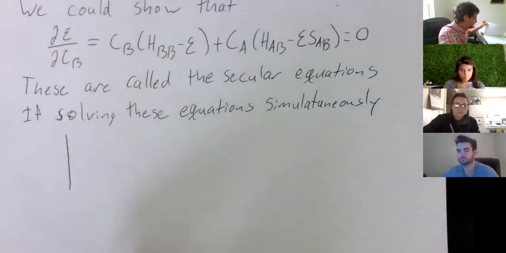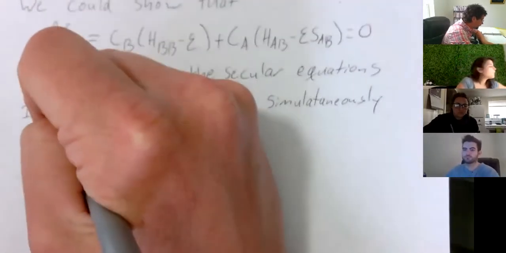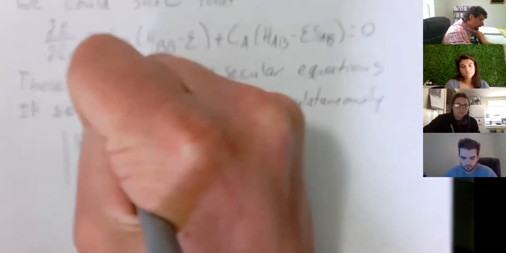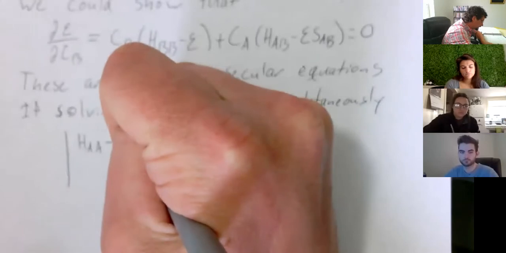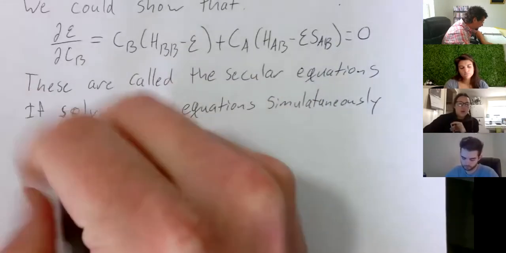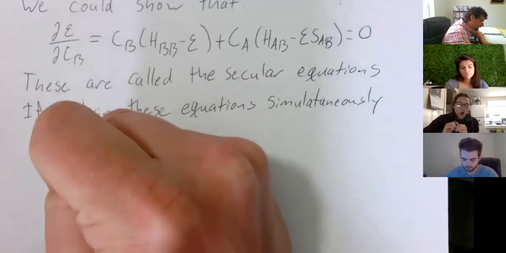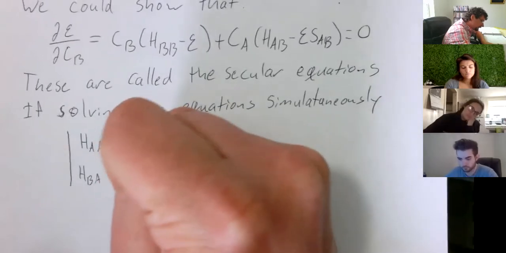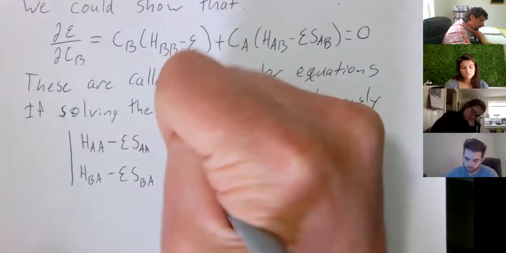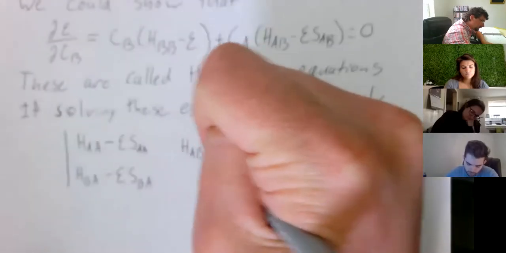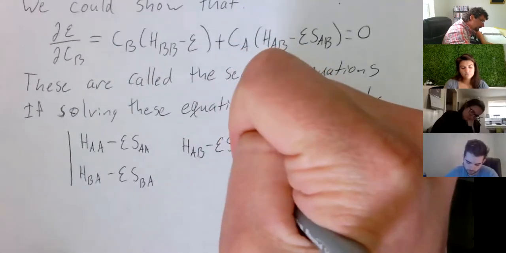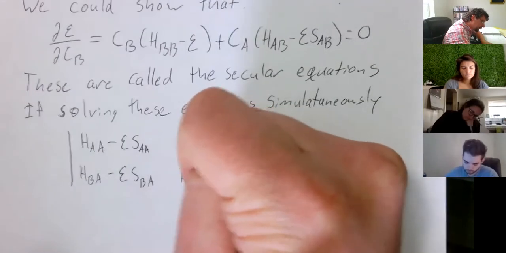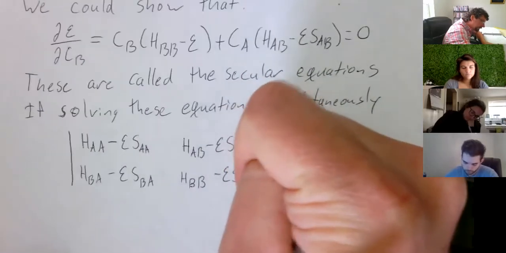So with our two basis functions, it would be HAA minus epsilon SAA, HBA minus epsilon SBA, HAB minus epsilon SAB, HBB minus epsilon SBB.